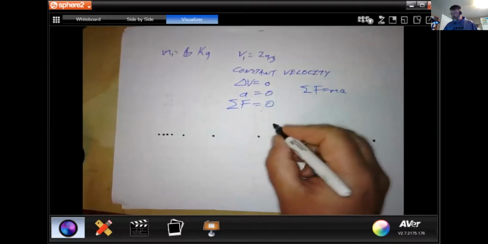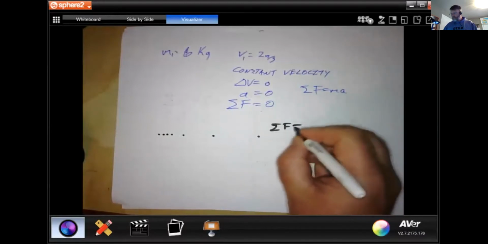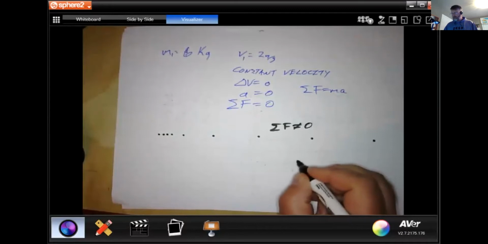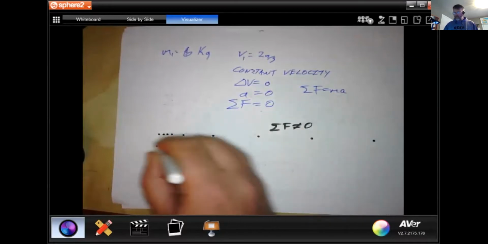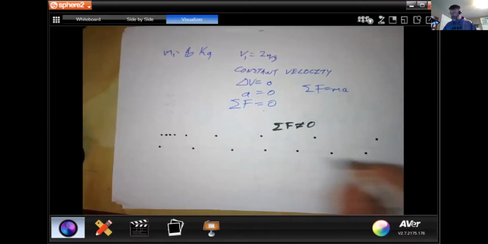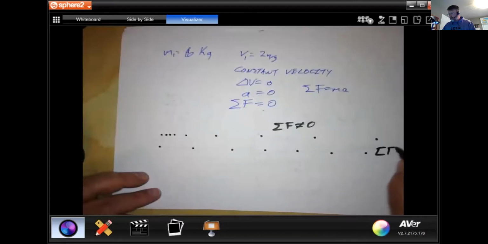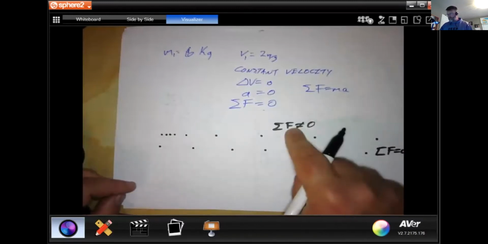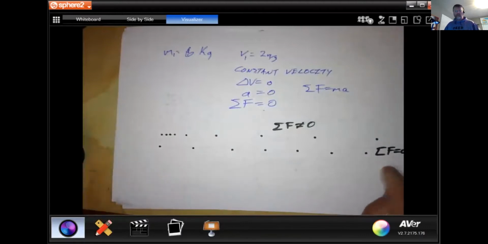So this one does not equal 0. Now if we have them all equally spaced, and they do a much better job drawing the equal spacing than we do, then yes, the sum of the forces does equal 0. So this is unbalanced, these are balanced forces.